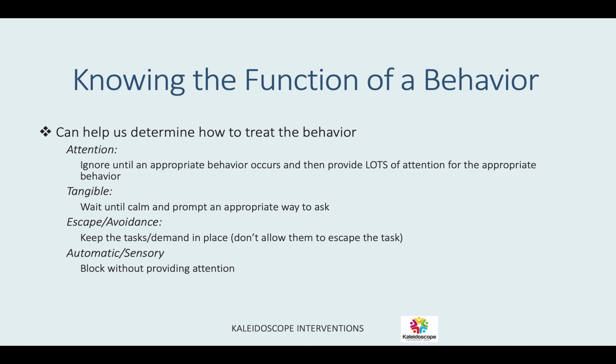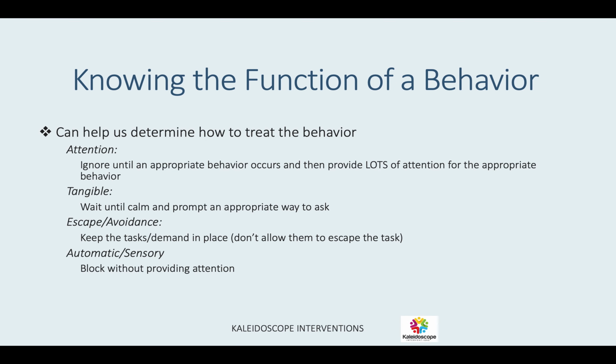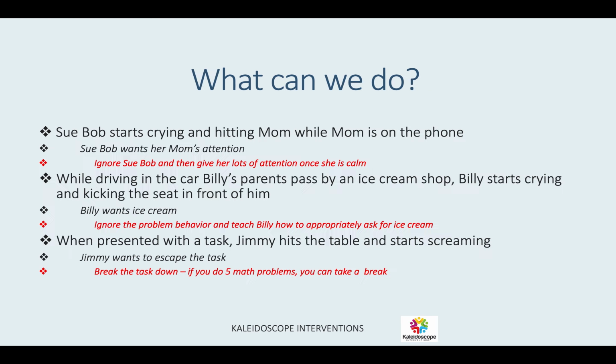All right, so now what can we do? So going back to our examples from earlier, now what can we do in response to these behaviors now that we know the function? So for Sue Bob, when Sue Bob starts crying and hitting mom while mom is on the phone, we know that Sue Bob wants her mom's attention, but is trying to get it in an inappropriate way.